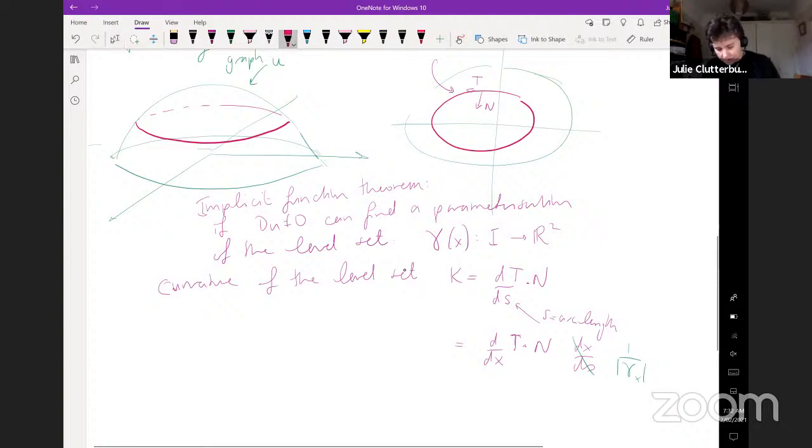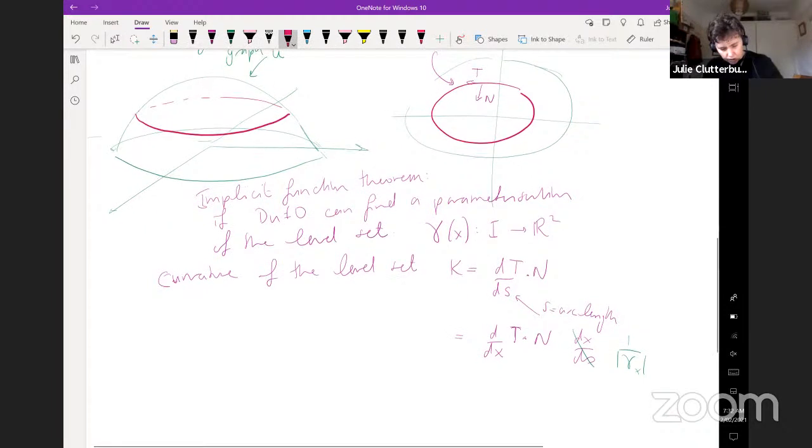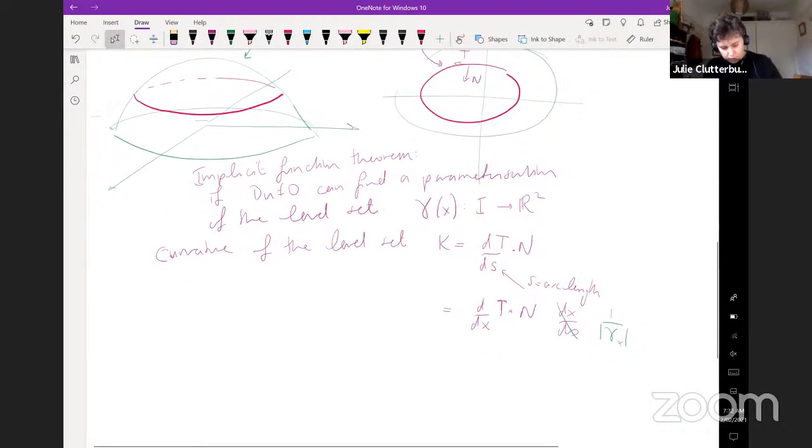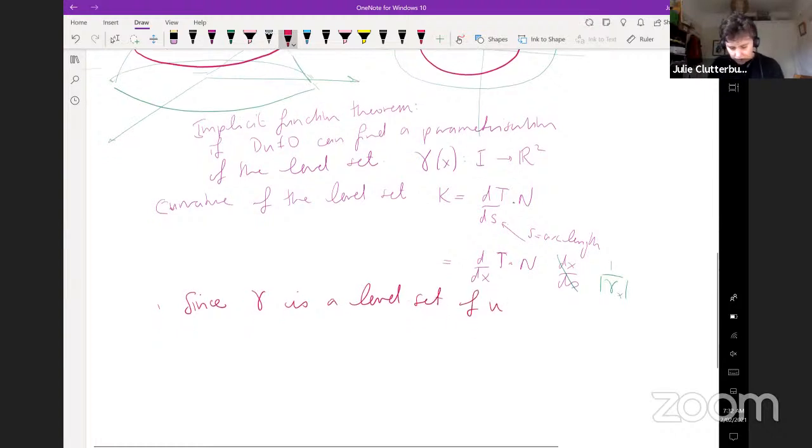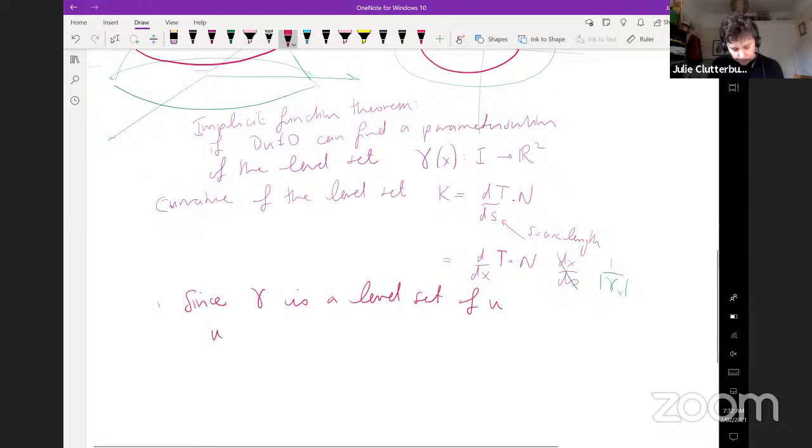So I'm going to calculate some derivatives of u. Okay, so since gamma is a level set, we have u of gamma of x is equal to a constant.